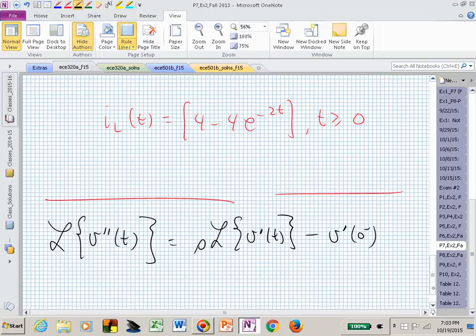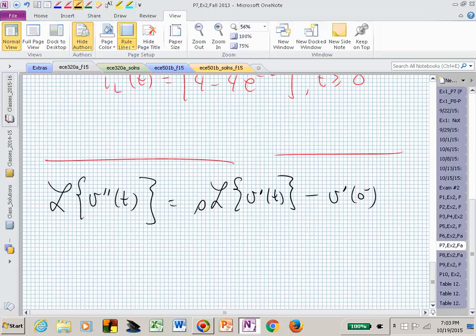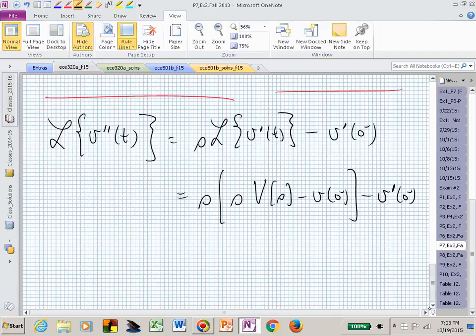Now I need to get rid of that Laplace transform of v prime. But I know how to do that. I just did it. That's now s V of s minus v of 0 minus, so that now I end up with s squared V of s minus s v of 0 minus minus v prime of 0 minus.